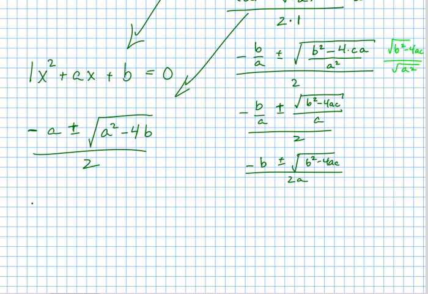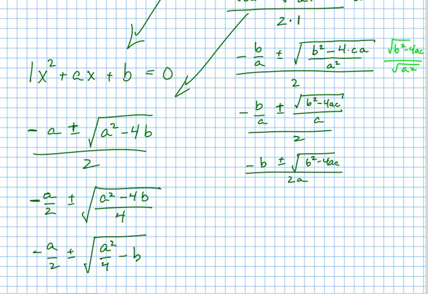And as if that is not going to make it hard enough for you, Kreyszig also later in the chapter is going to put the minus a over 2 up here and do the plus or minus a squared minus 4b all over 4, and he's going to simplify it even further and put the minus a over 2 plus or minus square root of a squared over 4 minus b.